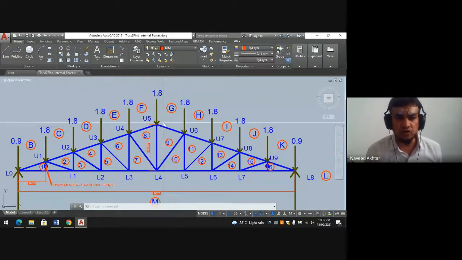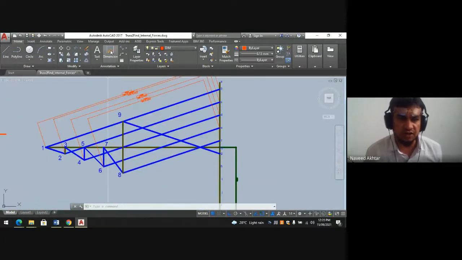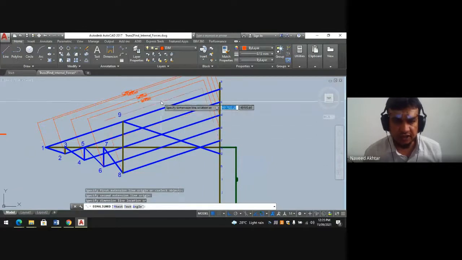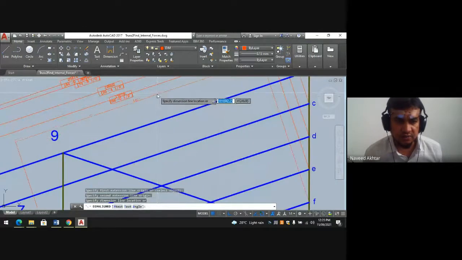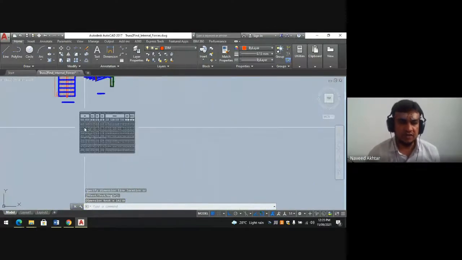U4 U5 and U5 U6 are the same, so it is 8 to F. I will measure the distance between 8 to F. This is the 8 to F. This is coming around 14.23. So I write down here.